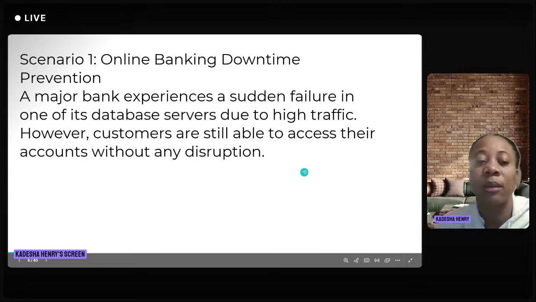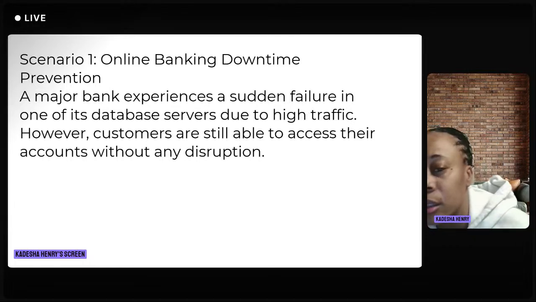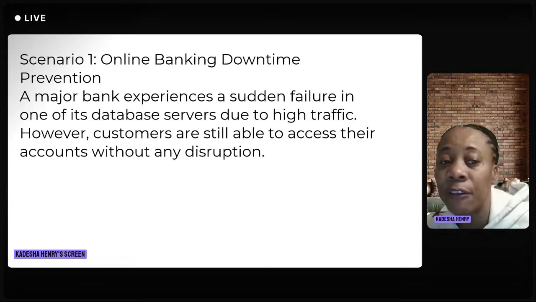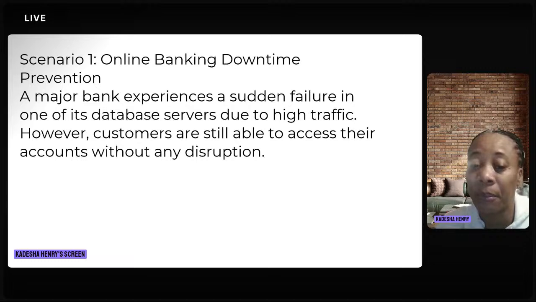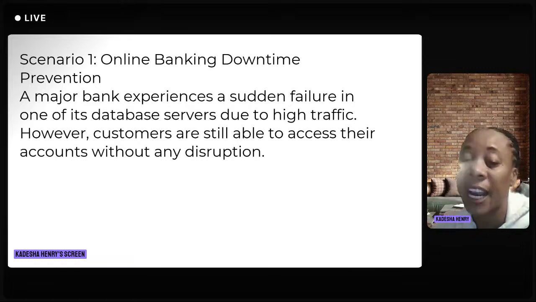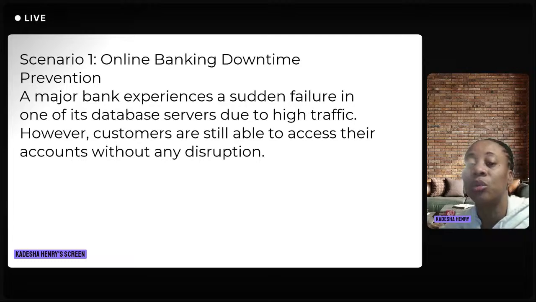So let's look at some scenarios. We're looking at online banking downtime prevention. A major bank experienced a sudden failure in one of its database servers due to high traffic. However, customers were still able to access their accounts without any disruption.